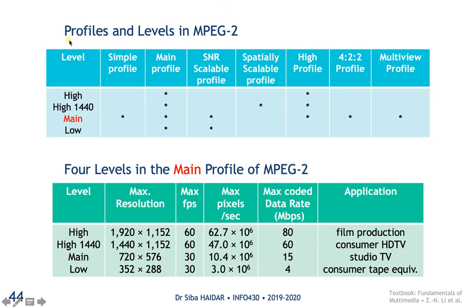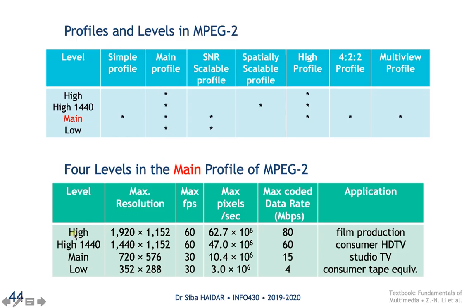Those are tables that show us the profiles and levels in MPEG-2. So you have the simple, the main, SNR, spatial, high profile and multi-view. And for each profile, you see if the levels are available or not. There are 4 levels in the main profile of MPEG-2, and you can see they are all available.